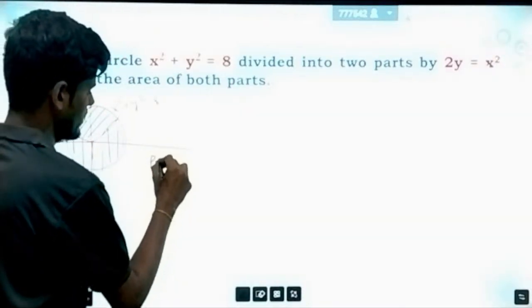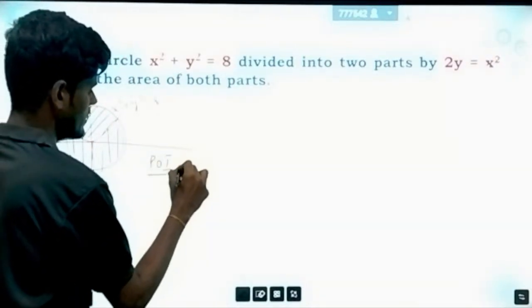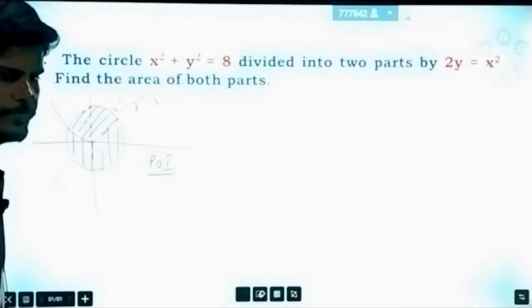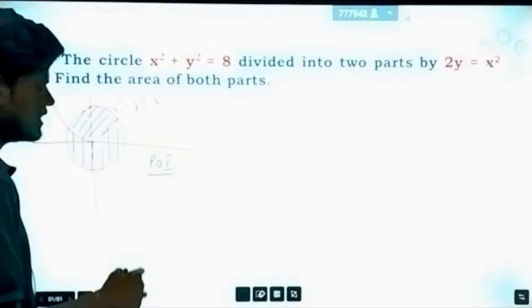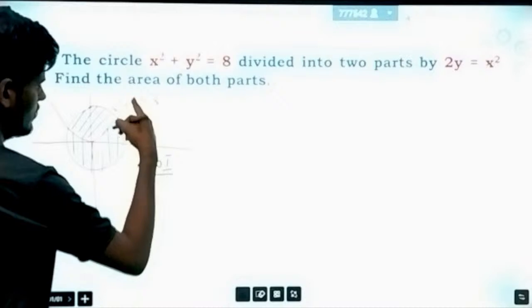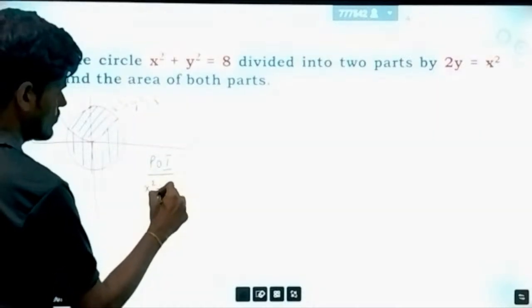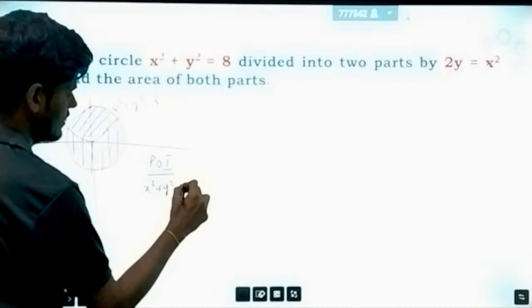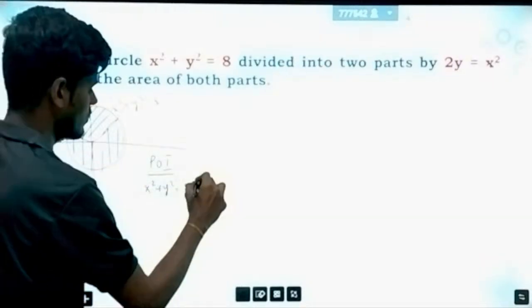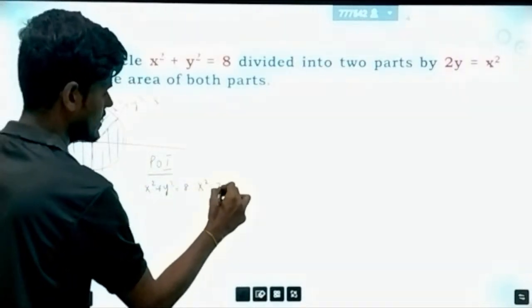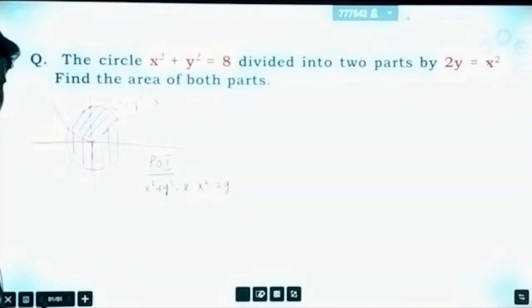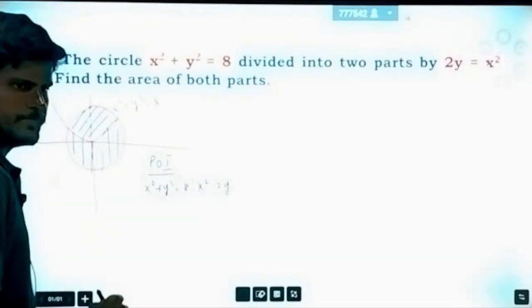Equate both these curves: x square plus y square is equal to 8 and x square is equal to 2y. Solve for both these curves. That is the first step.